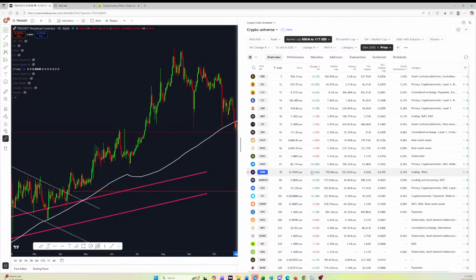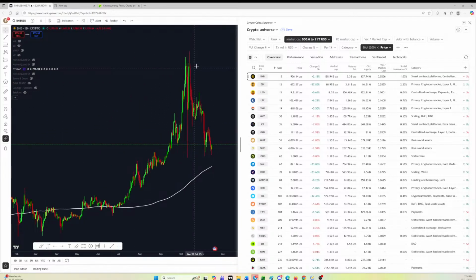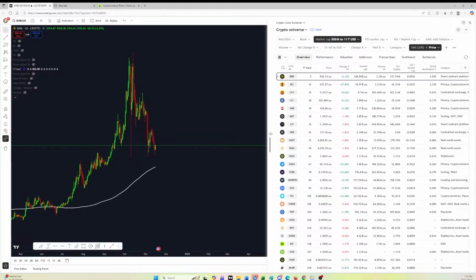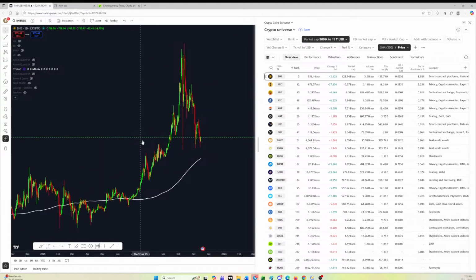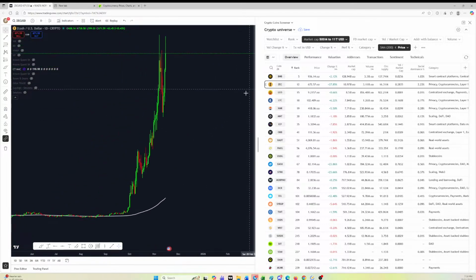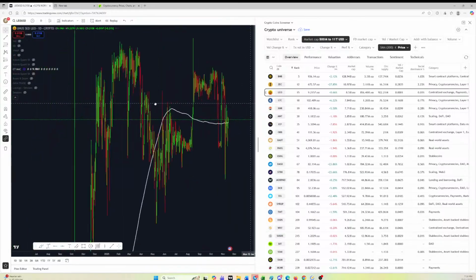We've got a handful here. One is BNB. You can see that although BNB is in a very, very steep downtrend, it's still above it. SEZ, we know that it seems like it can't be stopped at the moment. Leo, just above, fits in.